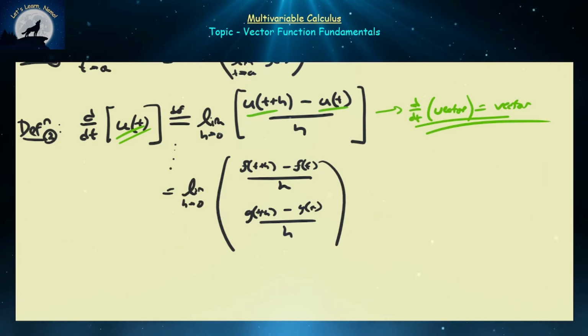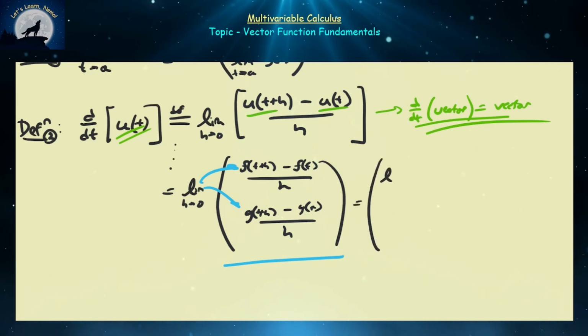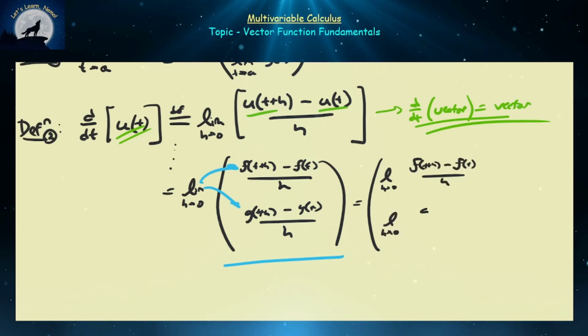So this is still just a vector. The limit of a vector is just equal to the vector of its limits, so that will distribute into it. So you're going to have the limit as h approaches 0 of f of t plus h minus f of t over h, and the limit as h approaches 0 of g of t plus h minus g of t all over h.